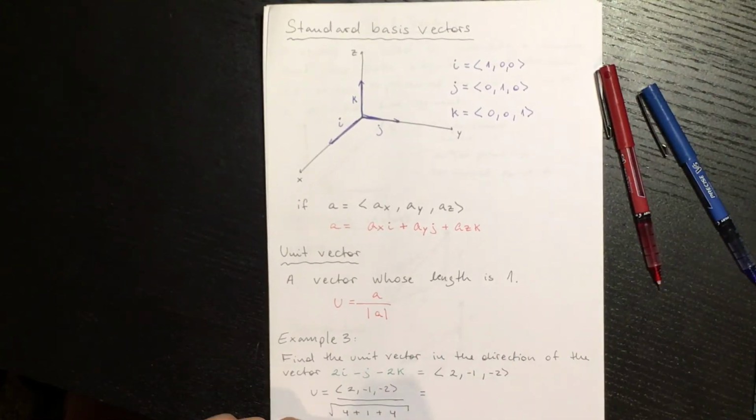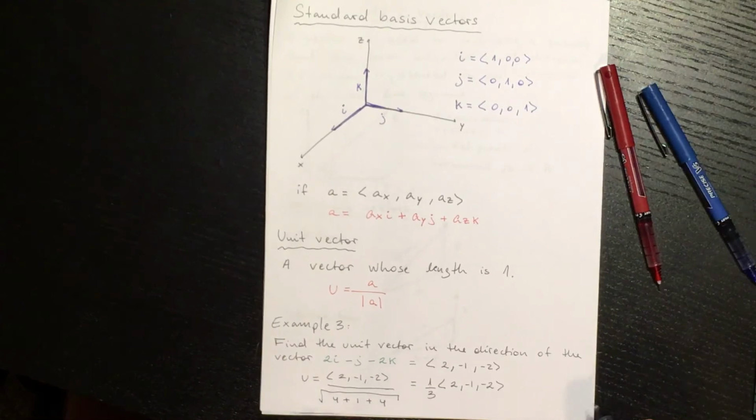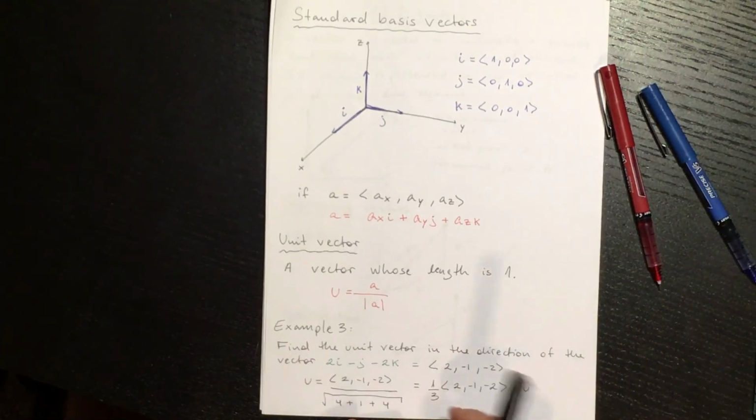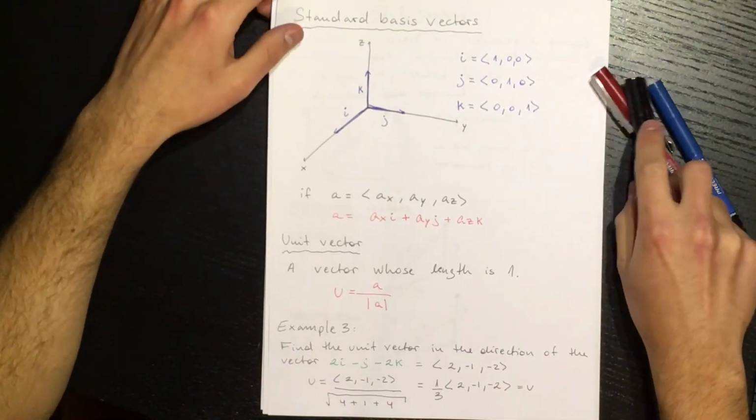This is 4 plus 1 plus 4, which is 9. The square root of that is 3, so it's 1/3 out front, times the initial vector. And this is u. That's the unit vector.